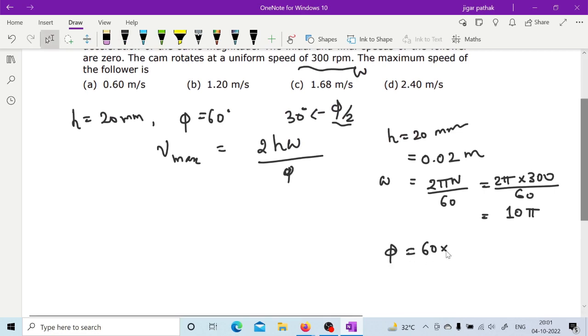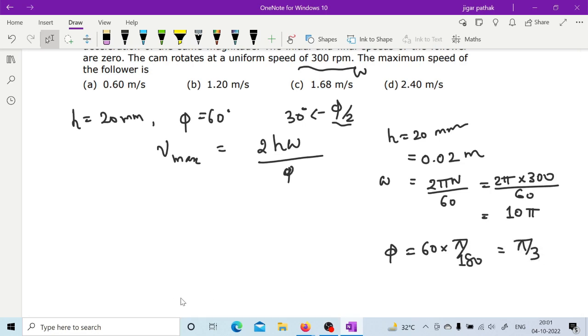You need to convert phi into radian by multiplying pi by 180, so phi will be pi by 3. If you put all these values in this 2h omega by phi, then 2 into 0.02 into omega is 10 pi, and phi is pi by 3.